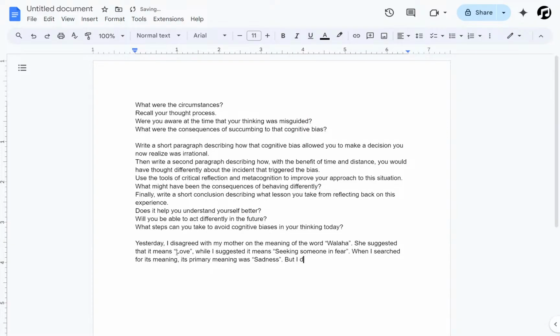But I dismissed this result, searched further until I found the one that says it means fear. My thought process was escaping.